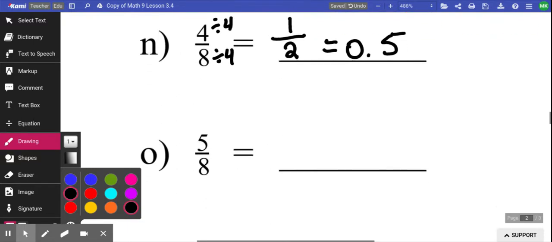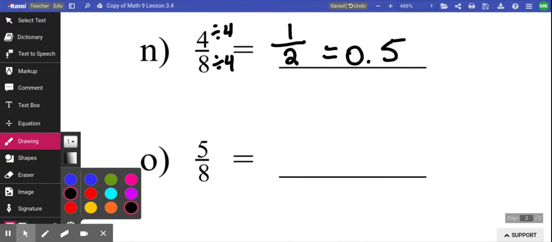If we look at 5/8, I could never tell you what 5/8 is off the top of my head. It's not one I have memorized, probably not one I'll ever have memorized. But what I do know about 5/8 is it's the same thing as 4/8 plus 1/8.